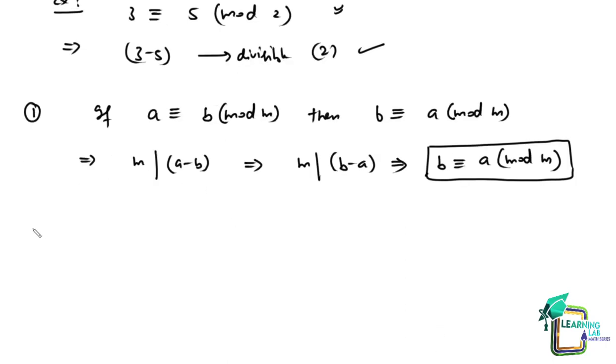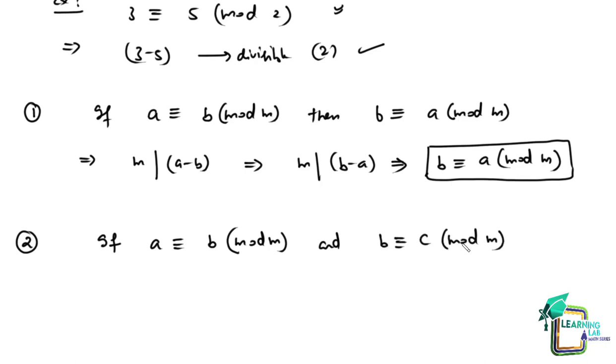Now move to the second property. The second property is, if A is congruent to B mod M and at the same time we have B is congruent to C mod M, then we must have A is congruent to C mod M, right?